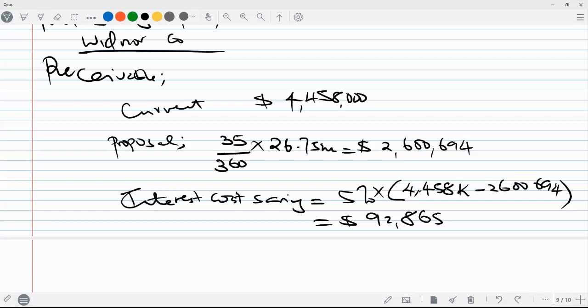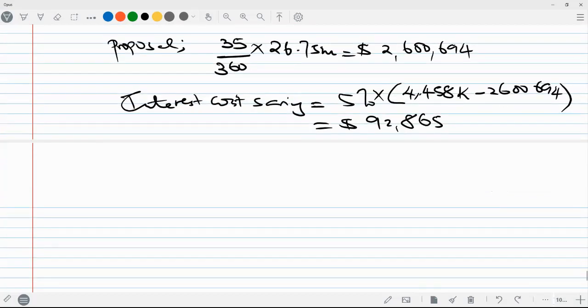The finance director's proposal: cutting the bad debt by 20%. So the next working is on the bad debt decrease. The current bad debt is 1% of the sales turning into bad debt.